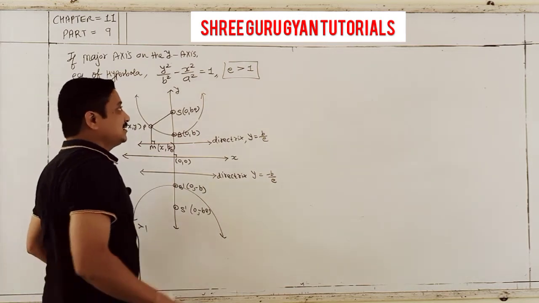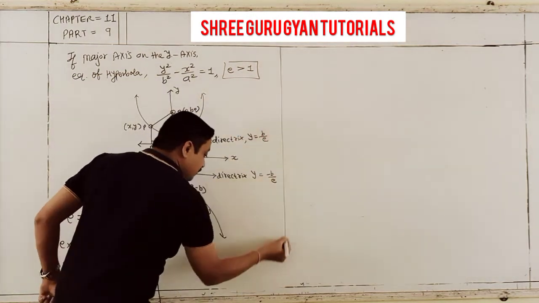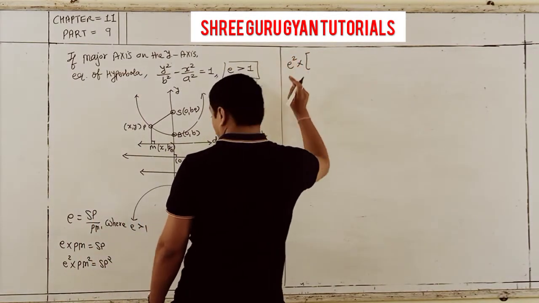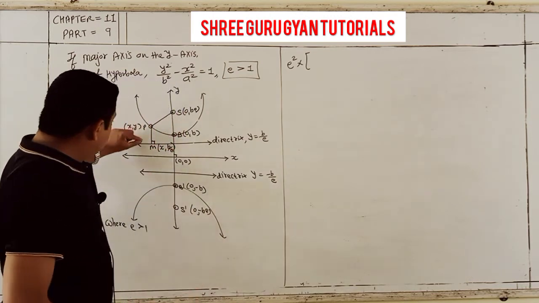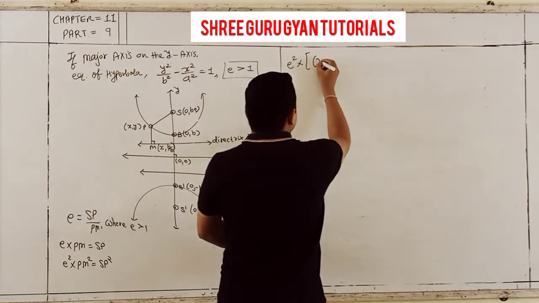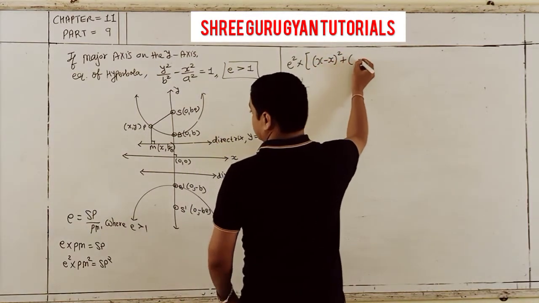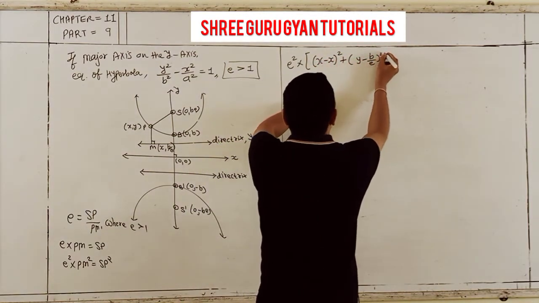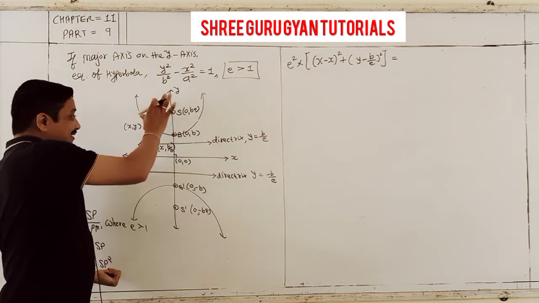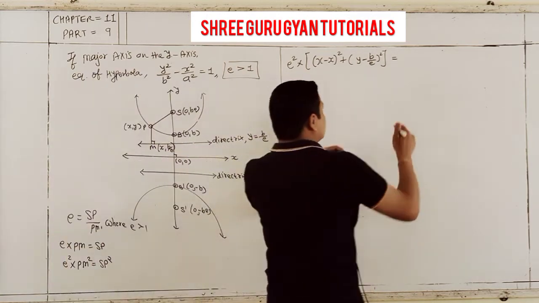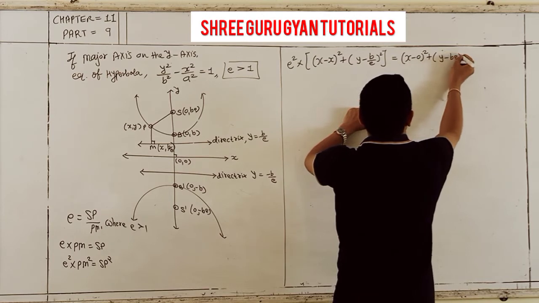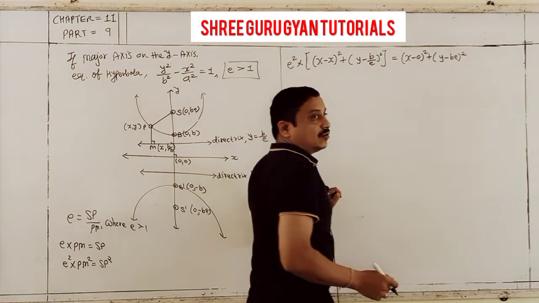And now apply the distance formula. So e square, now for PM, P to M, the distance formula gives x minus x same, y minus b by e, is equal to, now for S to P, x minus 0 plus y minus b, and substitute the values.